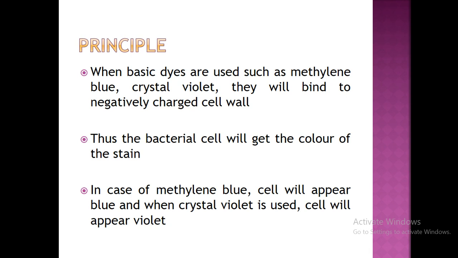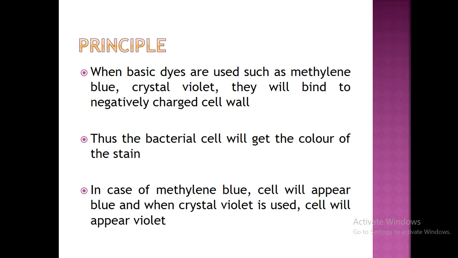Principle of simple staining. When basic dyes such as methylene blue and crystal violet are used, they will bind to the negatively charged cell wall. Basic dyes have a positive charge. When they are applied on the surface of the bacterial cell, the positive charge on the basic stain will bind to the negatively charged bacterial cell wall and the bacterial cell will get the color of this stain.